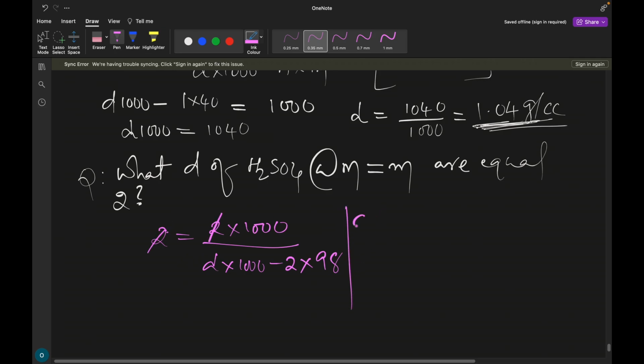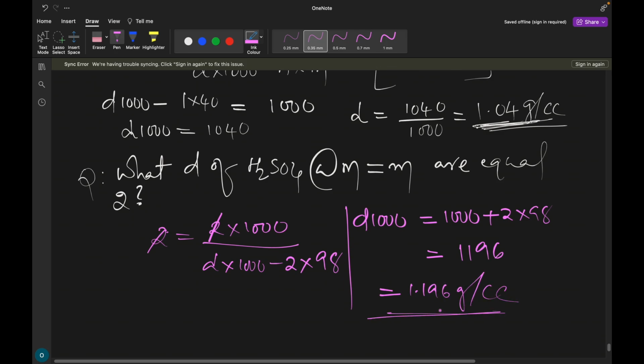So you will be getting 2 into 1000 equals 1000 plus 2 into 98. 2 into 98 is 200 minus 4, that's 196. So this will be 1196. So which equals 1.196 grams per cc. That is the answer.